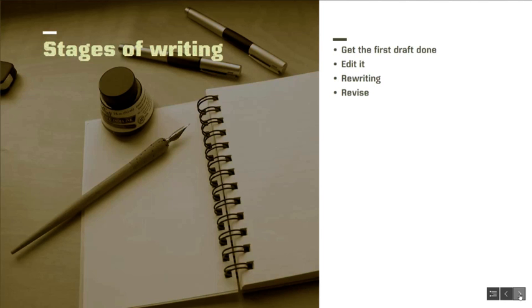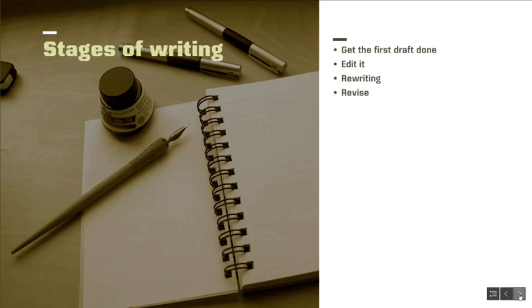Once you've taken a break, you come back, look at it, then you edit it, and then you rewrite it, and you revise it. And then you read it, then your draft is done. And then you repeat this step as many times as necessary so you can have a complete paper.